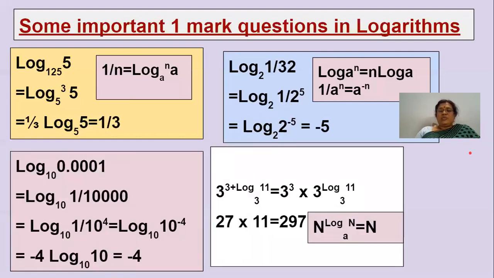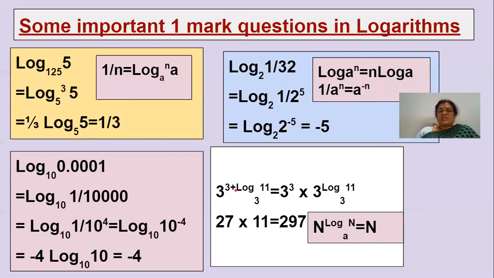One more problem. Here, this is a very typical problem and this is repeated more frequently in the final examinations. They may ask in fill in the blanks, 1 mark questions like that. See here, this is the whole power. The total thing is the exponent, to the base 3. So 3 to the power of 3 plus log 11 to the base 3.